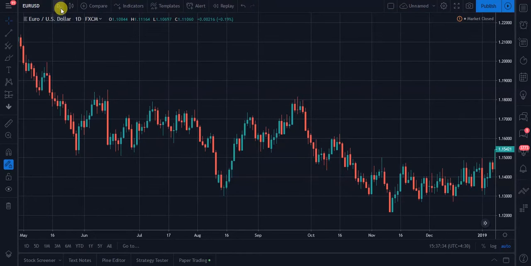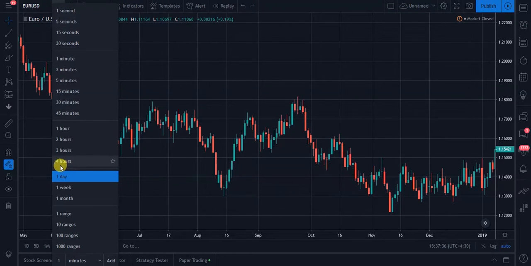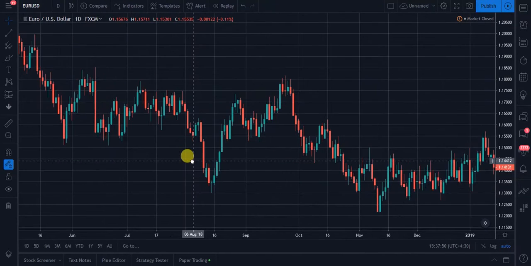Then you can switch to a lower time frame like H4 or 1 hour, as you can check later. But first we are going to check the one day, or daily, time frame.